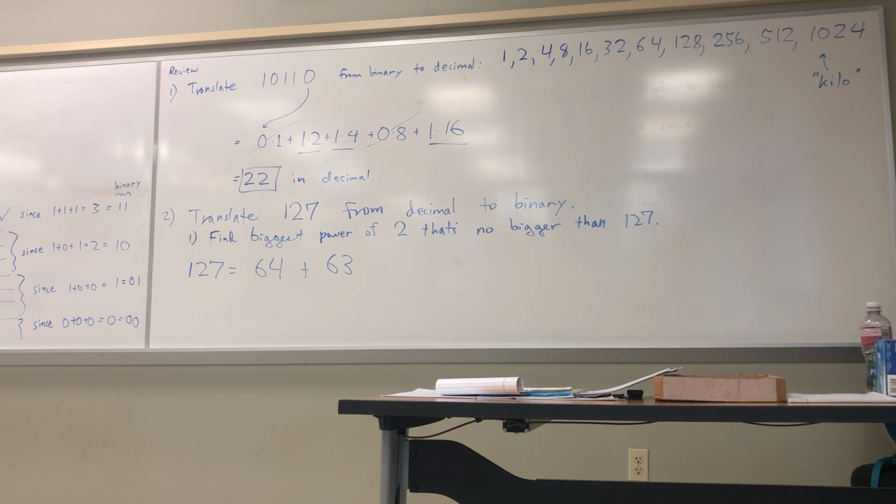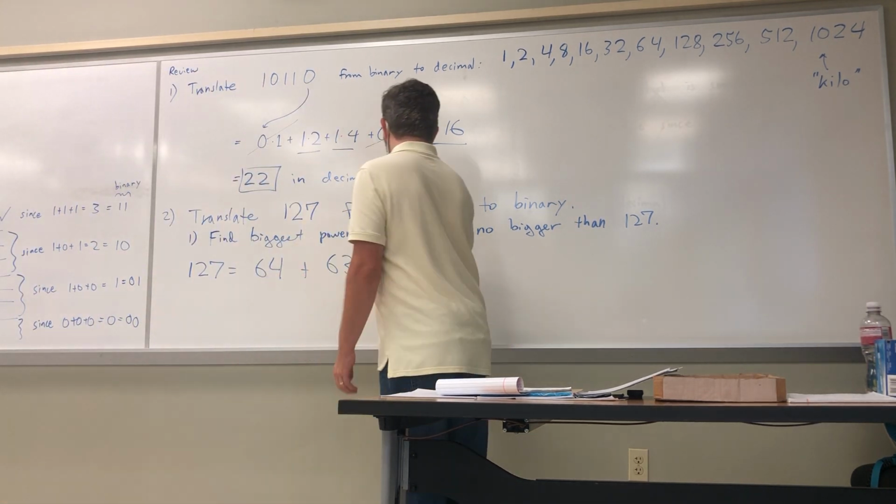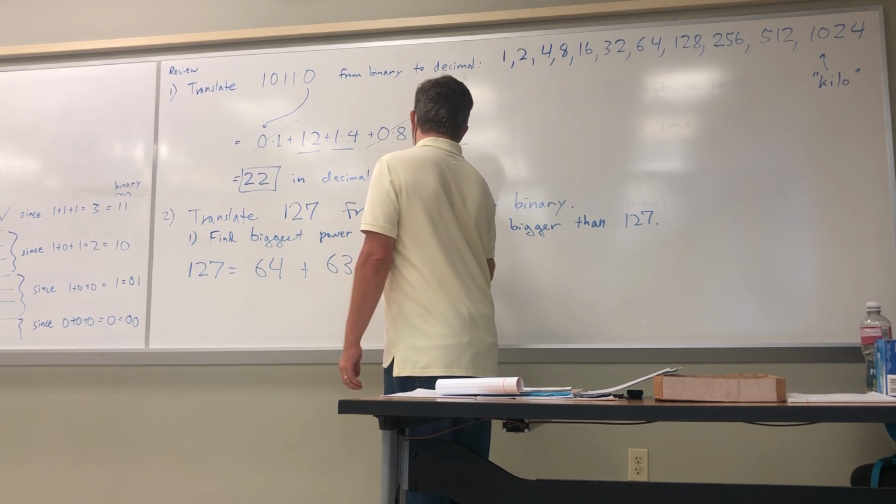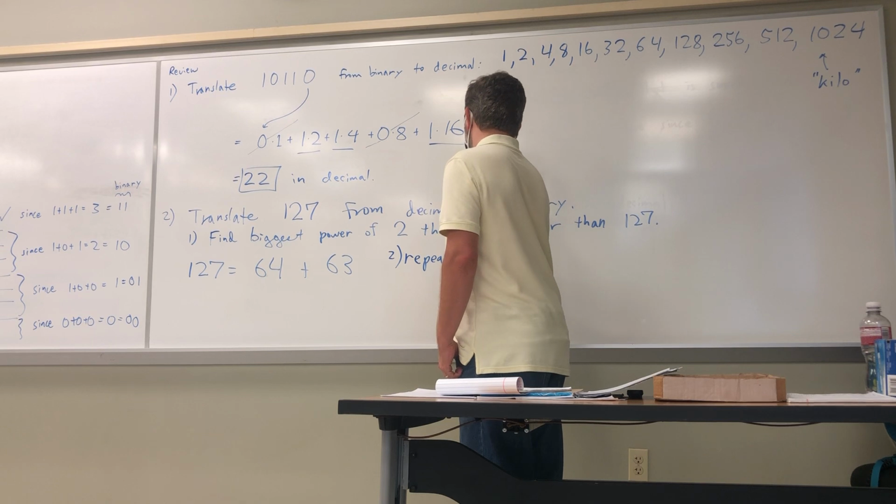And then you do it again. With whatever was left over, the remaining part, you find the biggest power of 2 that's no bigger than that, and fit it in. So you repeat this process for the remaining part.